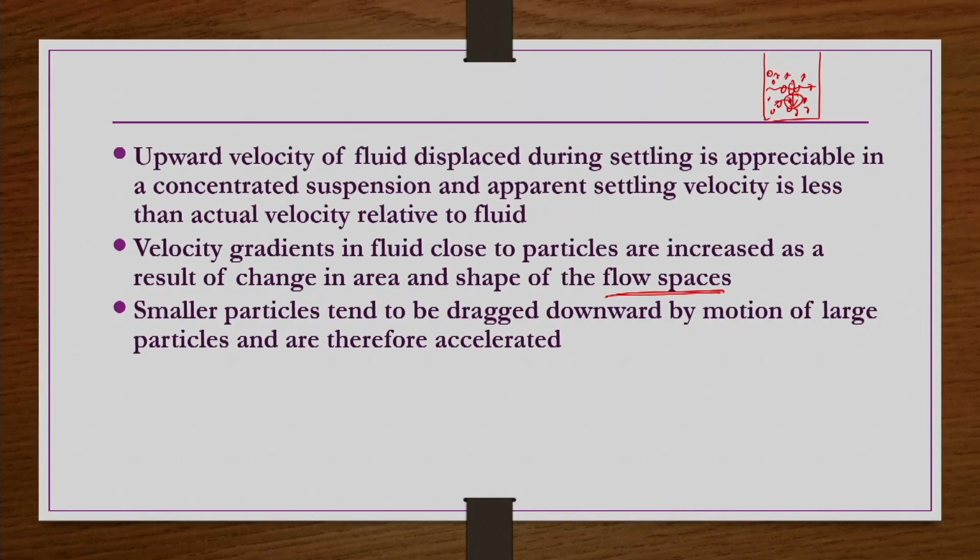Smaller particles tend to be dragged down by the motion of larger particles and are therefore accelerated. In general, smaller particles may be settling very slowly, but when one big particle comes settling like this, the smaller particles will also be pushed downward and settle.